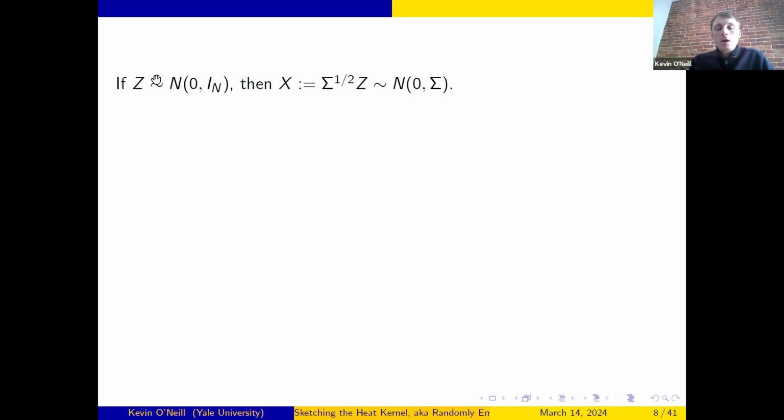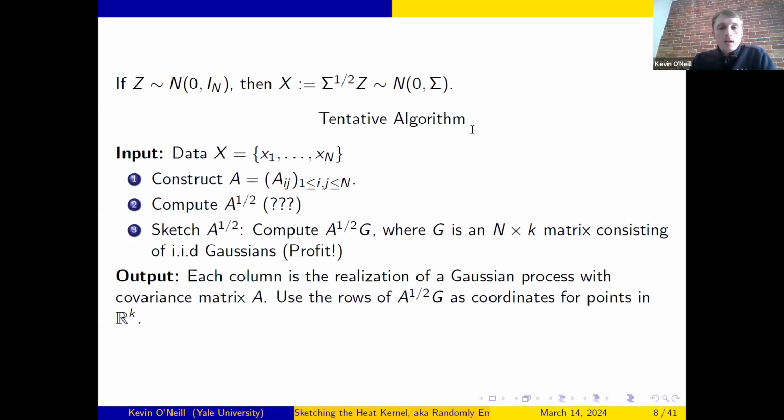So conversely, if you start with your standard multivariate Gaussian, and you multiply it by the square root of the covariance matrix that you want, you end up with a multivariate Gaussian with that covariance matrix. So we're going to use that here. We're going to have some data. We're going to construct some sort of affinity matrix. Then we're going to compute the square root.